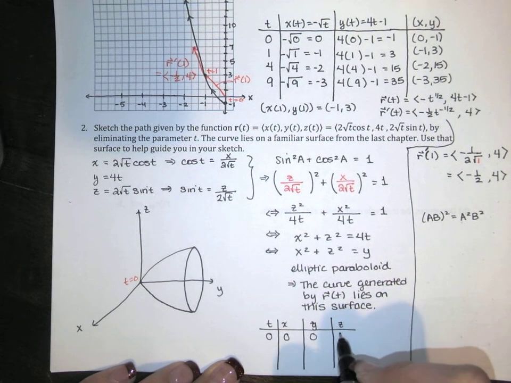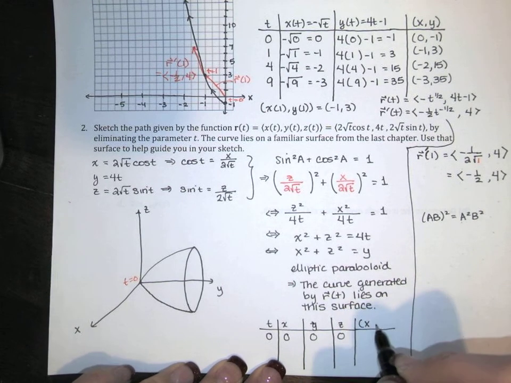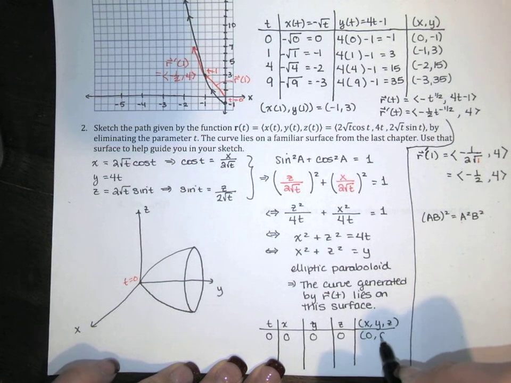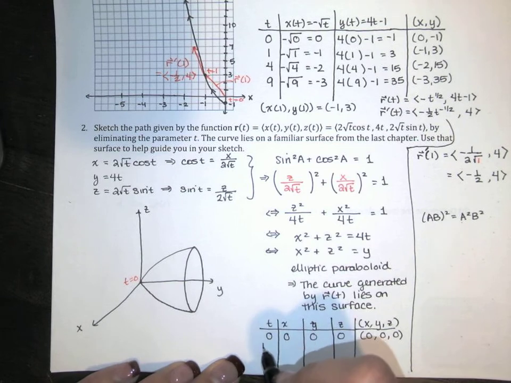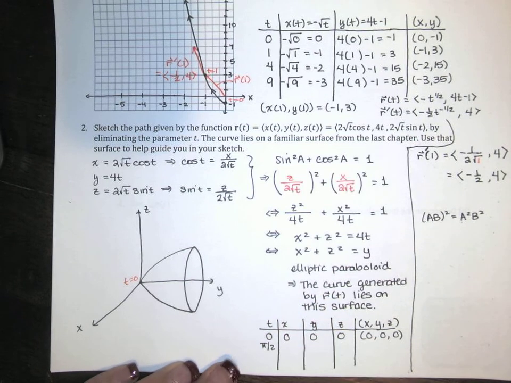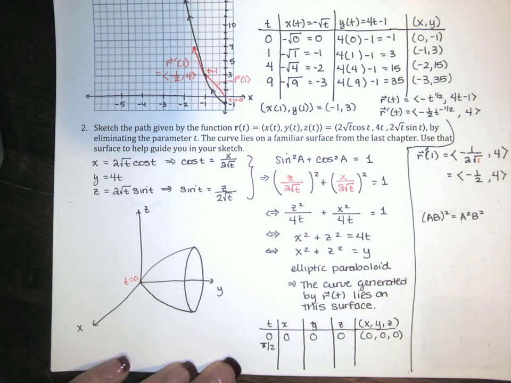When t is 0, x, y, and z are 0, so we are located at the point x of t, y of t, z of t is 0, 0, 0. Now we've got trig functions, so I'm going to substitute in multiples of pi over 2 or pi over 4, something that's easy to evaluate with our trig functions.